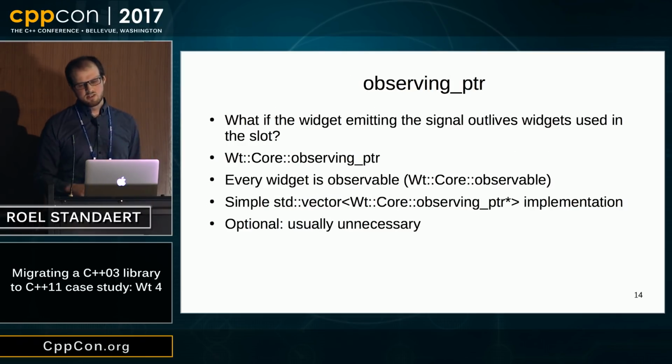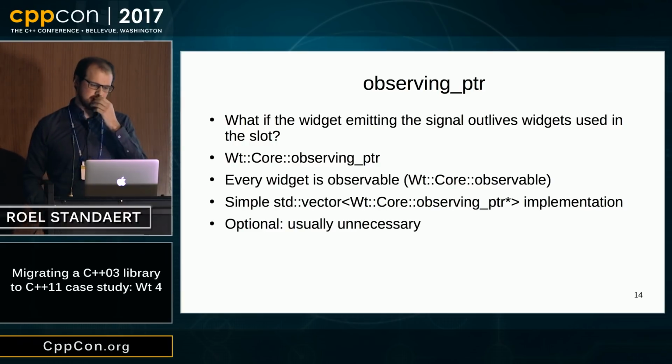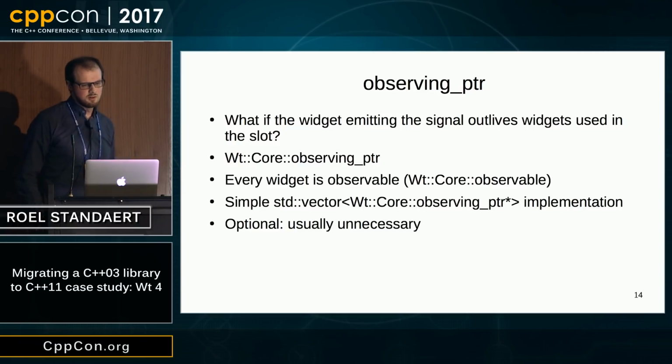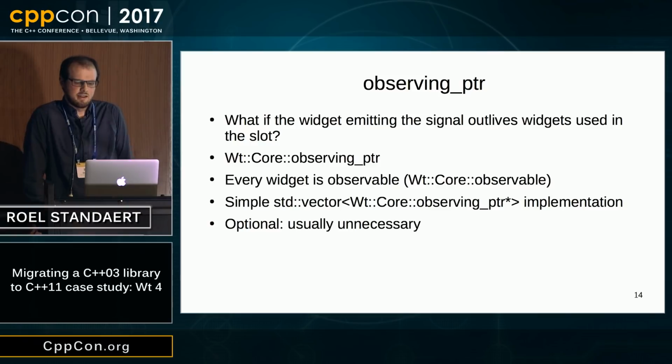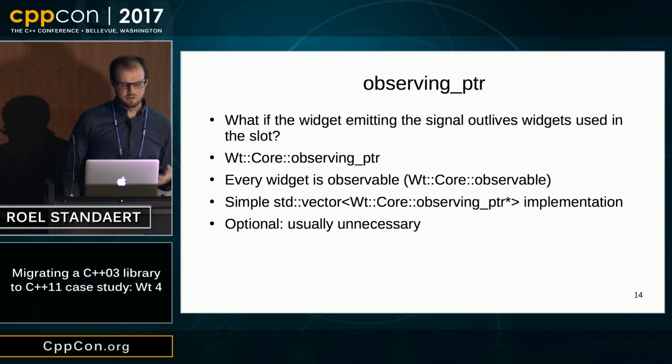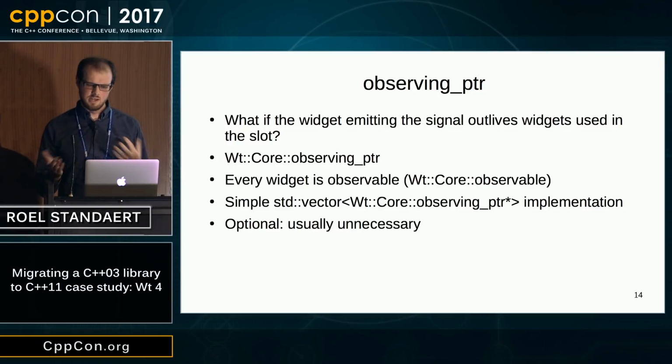Then there was just one problem that we still had to tackle: we were a bit paranoid about what if the widget that emits this signal outlives widgets that are used in this slot. That's how we came up with observing pointers. We thought, we need some kind of weak pointer, but for things that are not in a shared pointer, and we didn't need it to be thread safe.